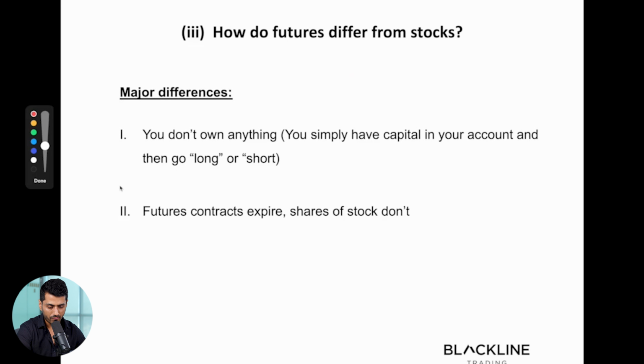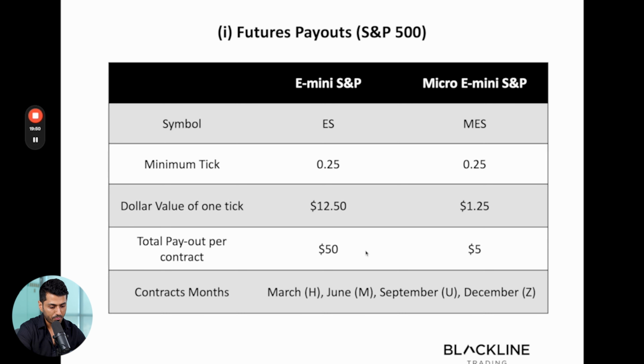Second major point of difference between stocks and futures is that a futures contract expires. Shares of stocks don't expire. What do we mean by that? As we just discussed, Apple you can hold until infinity, but with futures you can't. Futures contracts expire every quarter, as we discussed on the previous slide.